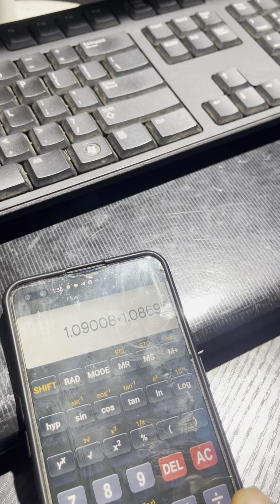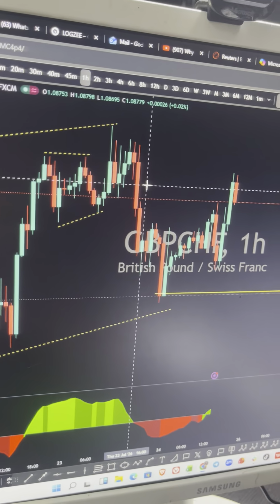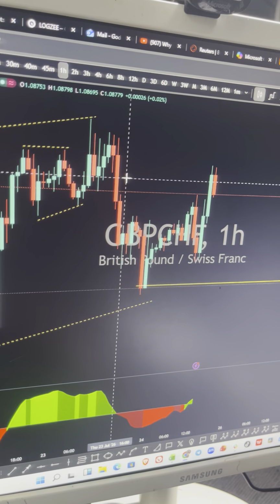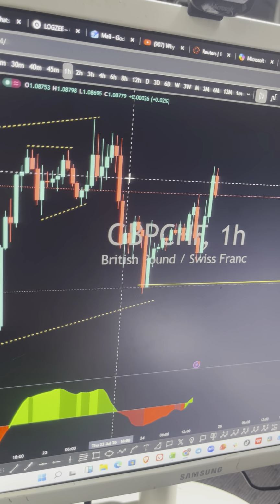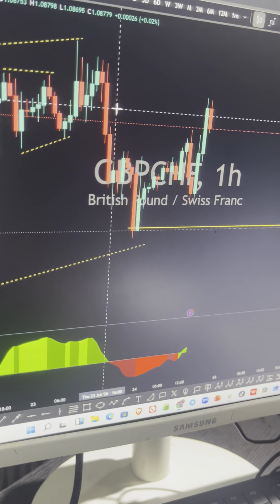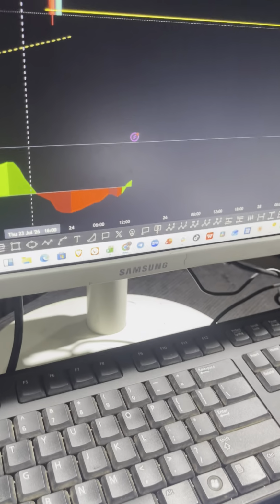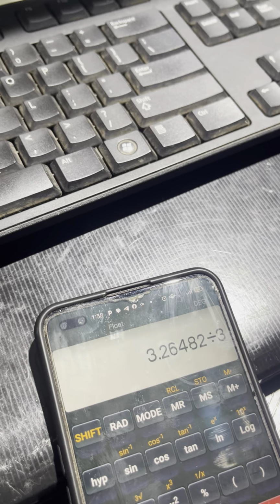You can see me run my own calculation here, plus the close of that same move, which is 1.08779. So I equal everything and divide it by 3.